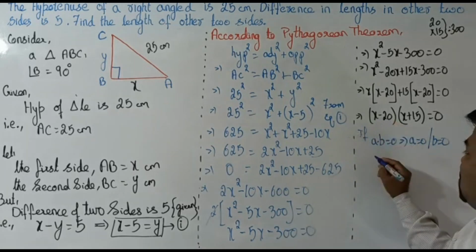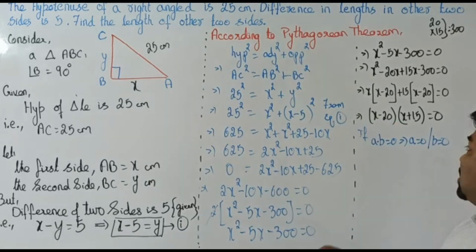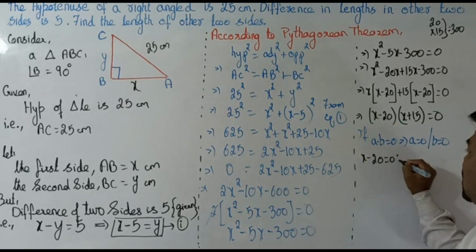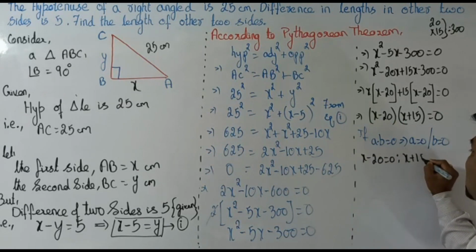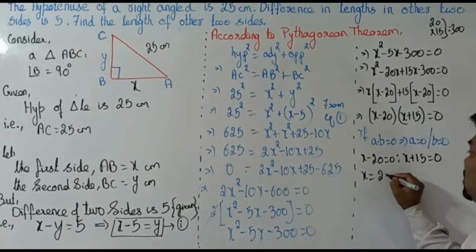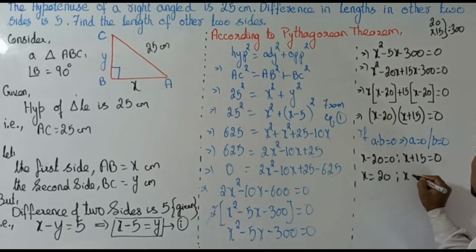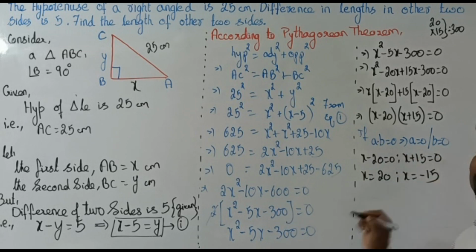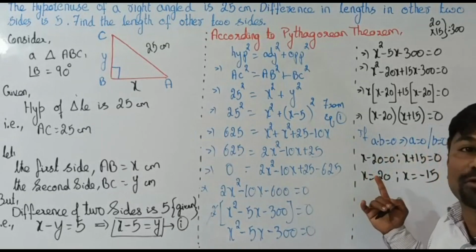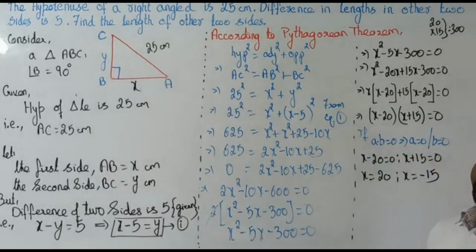Based upon that, I can write x minus 20 equals 0 or x plus 15 equals 0. Now, x is equal to 20 or x is equal to minus 15. Now we got two values.